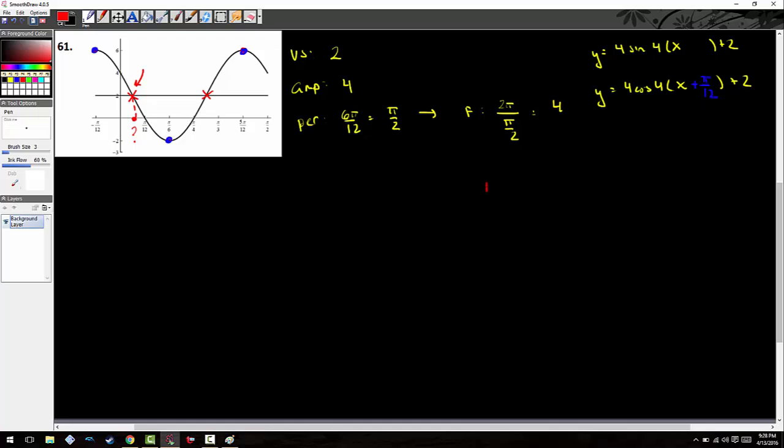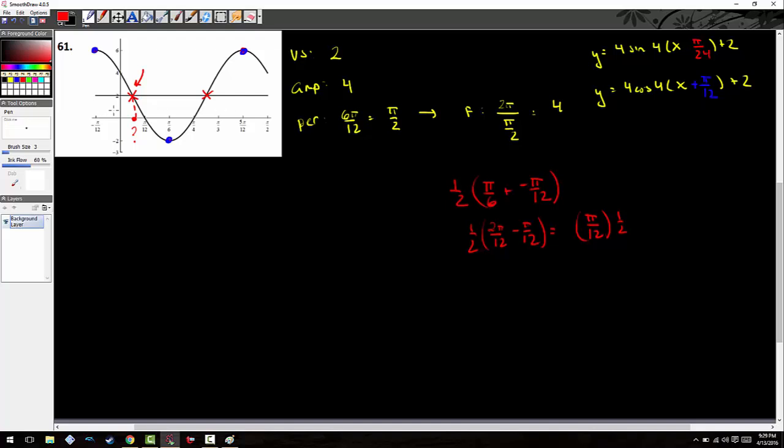What I've got is pi over 6 plus negative pi over 12, and then I'm going to multiply those coordinates by 1/2. First, on the inside, I find a common denominator. Well, that's 2 pi over 12 minus pi over 12 times 1/2. That gives me pi over 12 times 1/2, which will give me pi over 24.